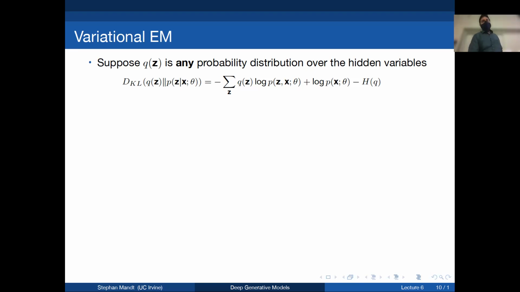Just as a recap, the KL divergence between the variational distribution Q and our posterior P of Z given X can be written as such. And we learned that this is always non-negative. KL divergences we actually proved could never be negative because it's in some sense a distance measure between distributions, and distance measures are never negative.